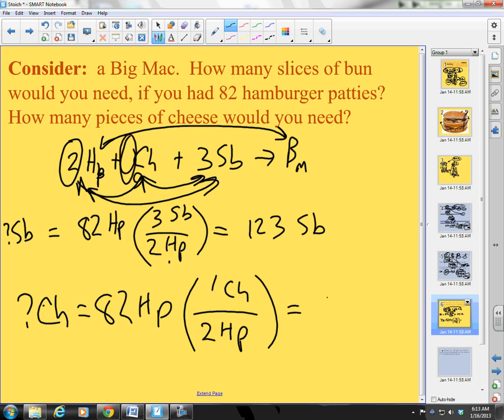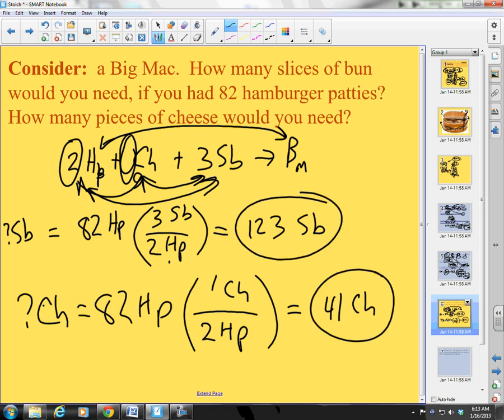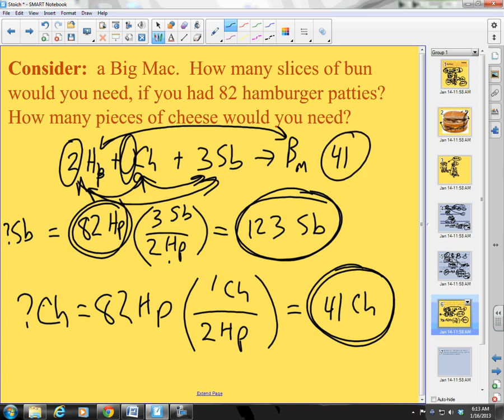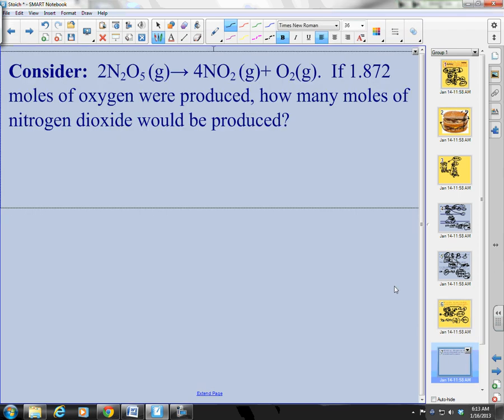So my answer is 41 pieces of cheese. So if I wanted to use up 82 hamburger patties, I need 123 slices of bread, 41 pieces of cheese, and how many Big Macs would I make? 41. Cool. Now, we can use that same principle with something like this.